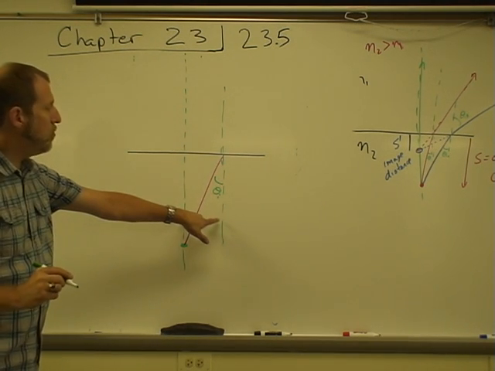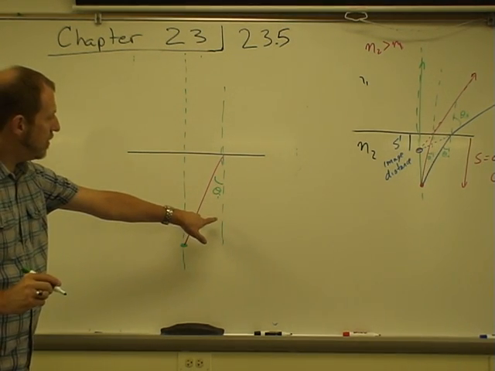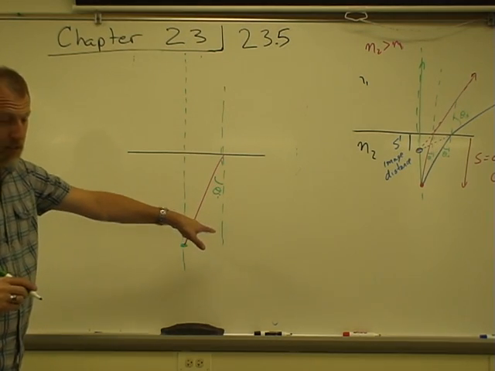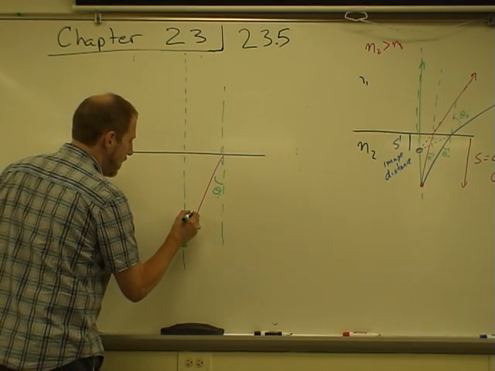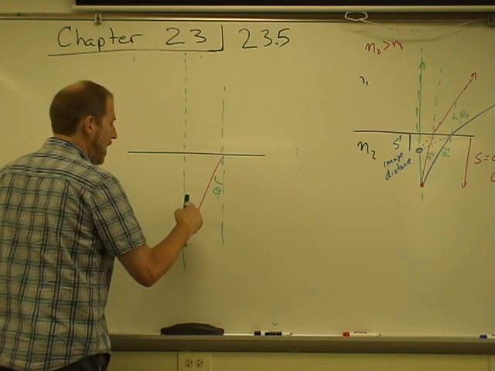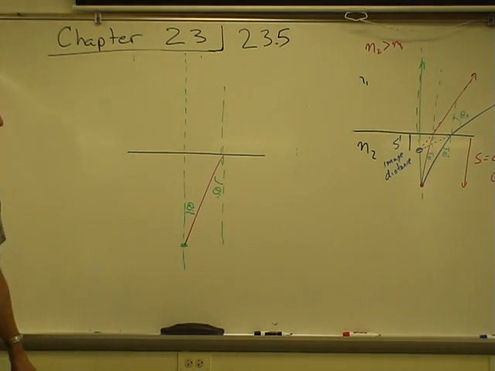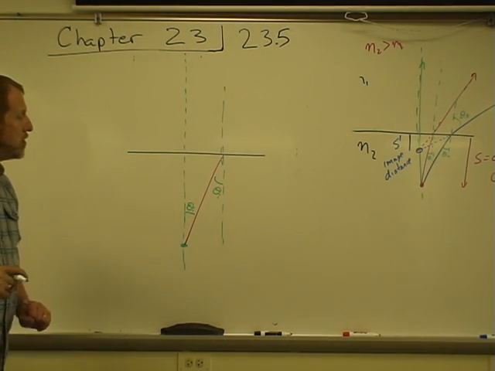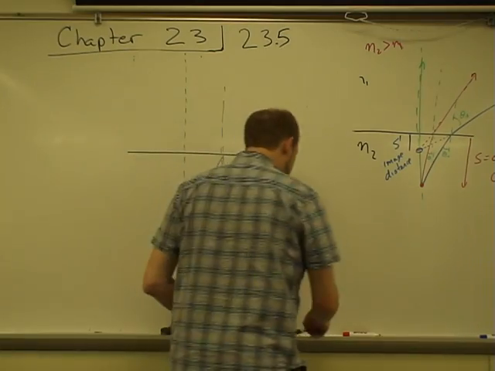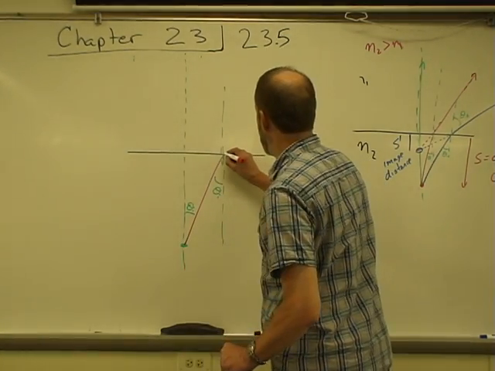Because these two lines are both normal to the surface, at least as I've drawn it right here for this flat plane, that angle is also equal to the angle of incidence. Go back through your geometry and double check to see if you're willing to buy into that.